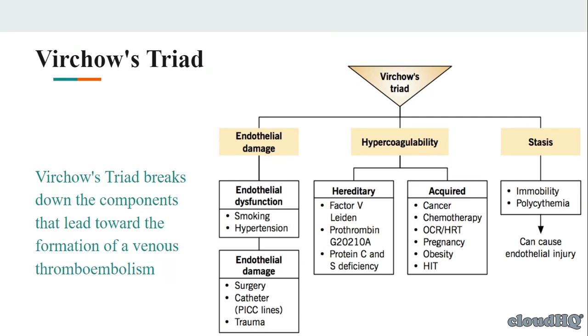You have one that has smoking and hypertension, which is not all of them, by the way, and another that has surgery, PICC lines, things like that, which are more physical traumas. One box is damage coming from inside the blood vessel, and the other is damage coming from an exterior part of the blood vessel. And this will be important when we go into the following slide talking about the blood clotting pathways.